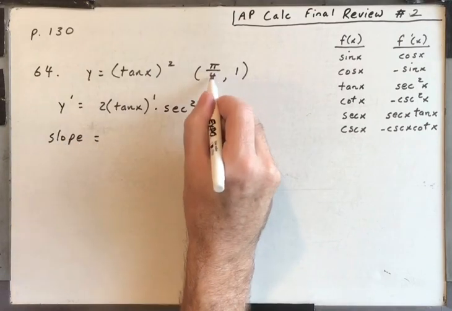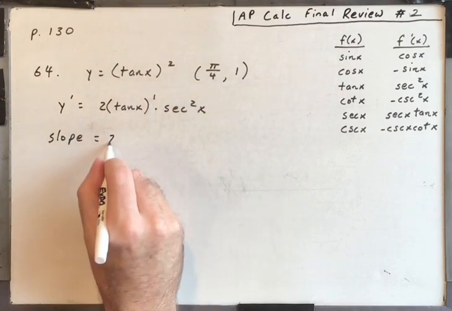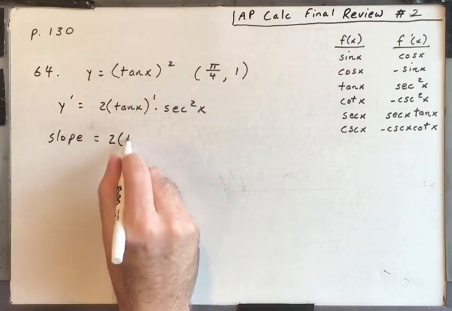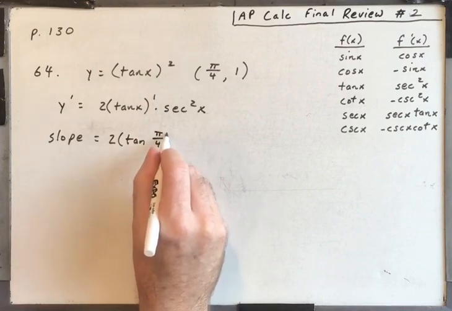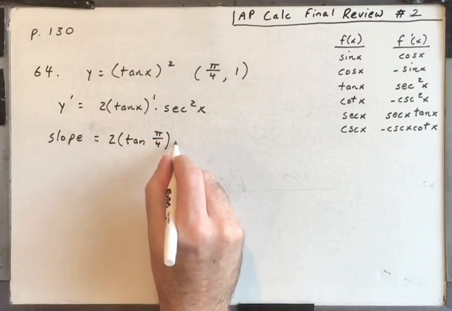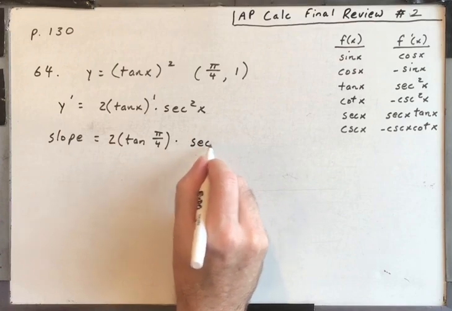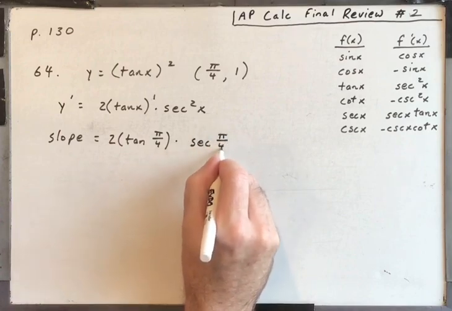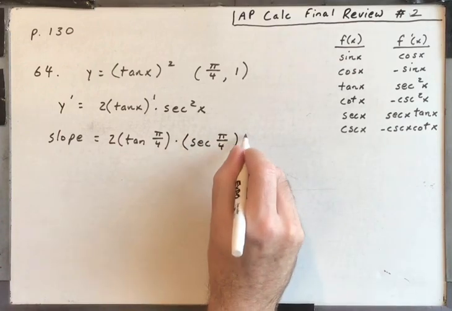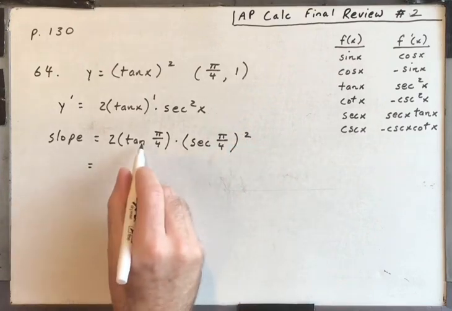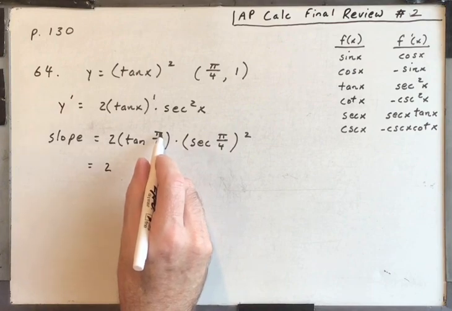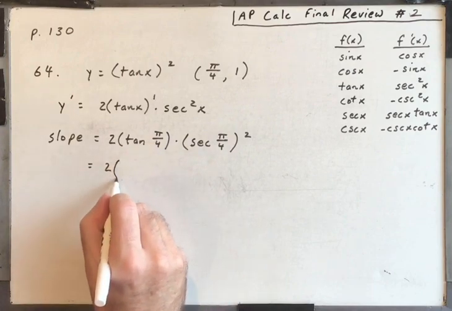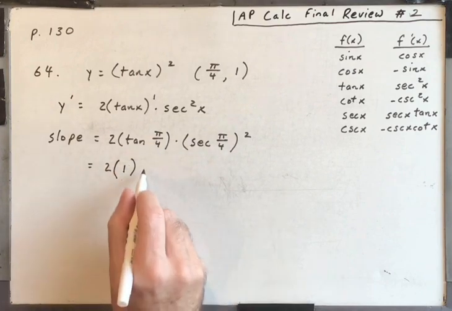So for the slope, we're going to plug in the x value, pi over 4, into the derivative. Tangent pi over 4 times secant pi over 4 all squared. Remember, it's going to be root 2 over 2 over root 2 over 2, so tangent of pi over 4 is just 1.